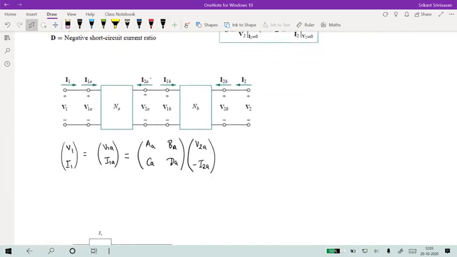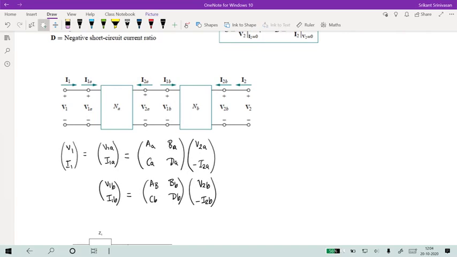And we can also say that V1B, I1B is equal to AB, BB, CB, DB times V2B and minus I2B. Okay. And if you notice that V2A is equal to V1B, V2A and V1B are the same, and I2A is minus of I1B.